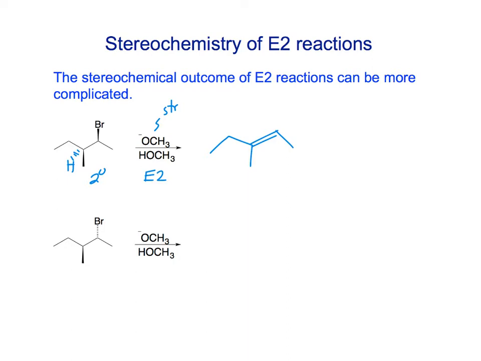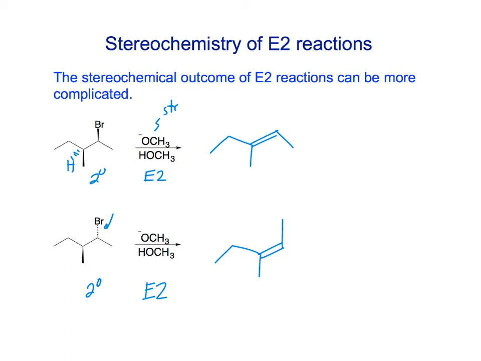The second example here is different only in the stereochemistry of the leaving group. All right, it's still secondary. It should still be E2, but by changing the stereochemistry of the leaving group, we change the major product.